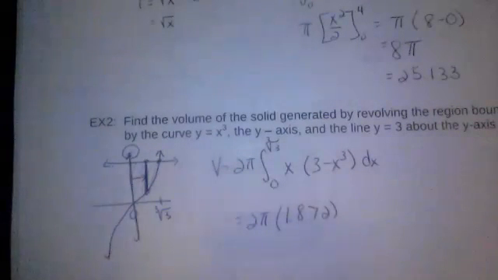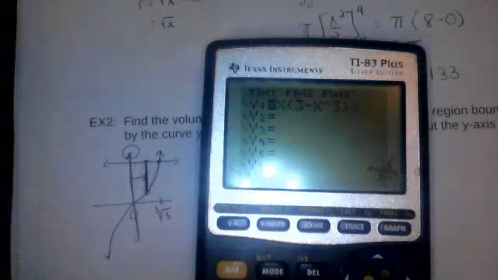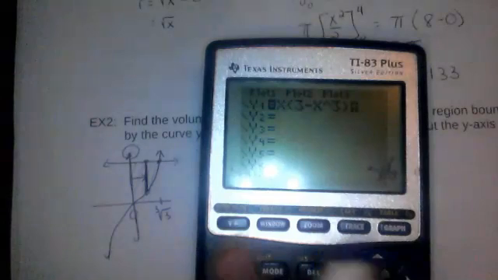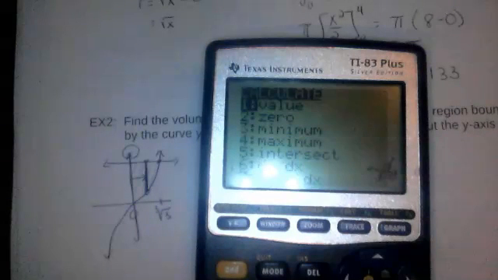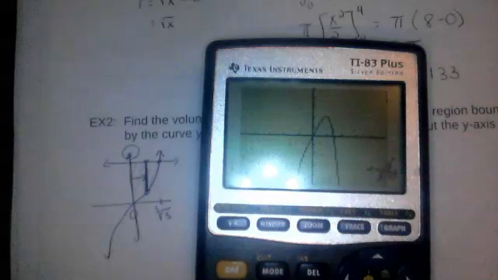And I'm going to go ahead and type that in so you can see it real quick. All right, so there's the part that we're integrating. And we're going to calculate the integral, number 7, from 0 to, and then the cube root of 3 is probably easiest to put in 3 raised to the 1/3 power.